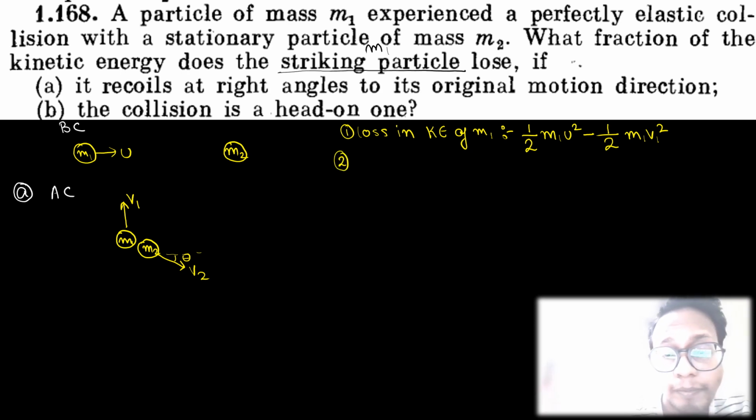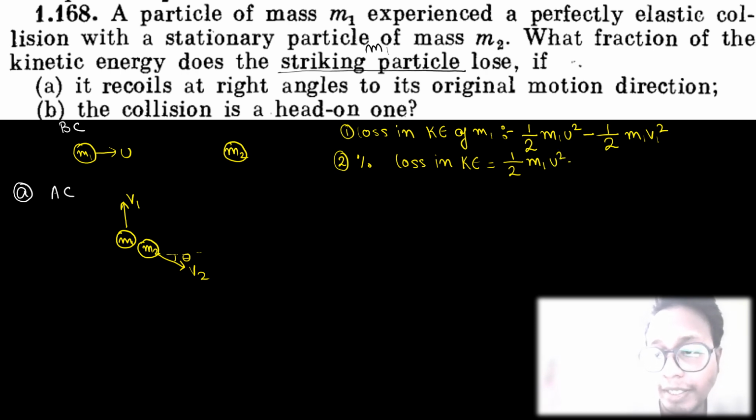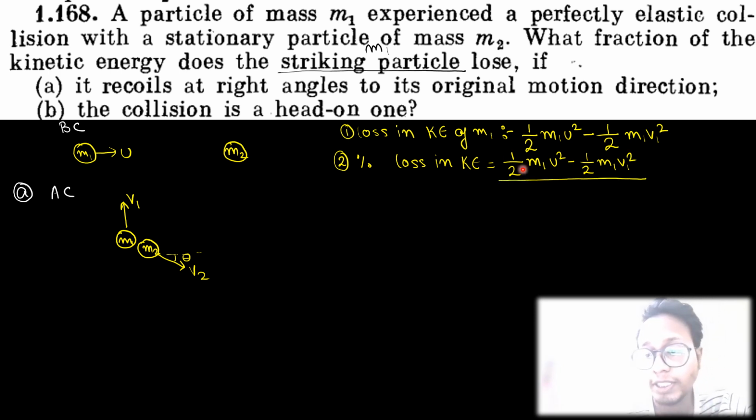Percent loss in kinetic energy. How do you write percent loss in kinetic energy? Loss in kinetic energy is half m1 u square minus half m1 v1 square, divided by the total initial energy. What was the initial energy?